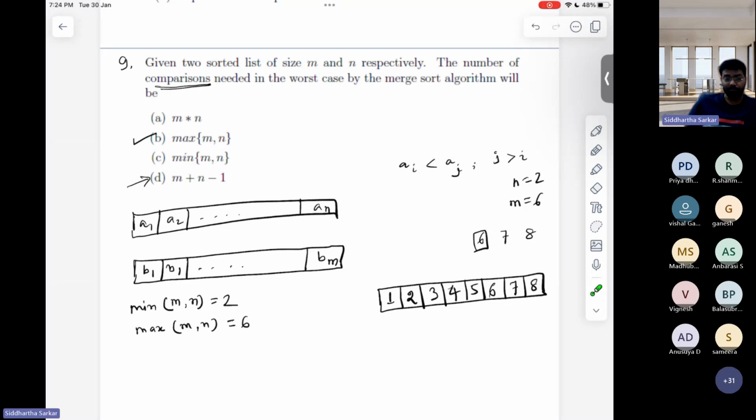Okay, so you're still with B. So let me write another counterexample to B. Take something small. So in case of worst case, in each comparison, we are neglecting one number. So finally, one number will be left at last. So obviously it might be m plus n minus 1.